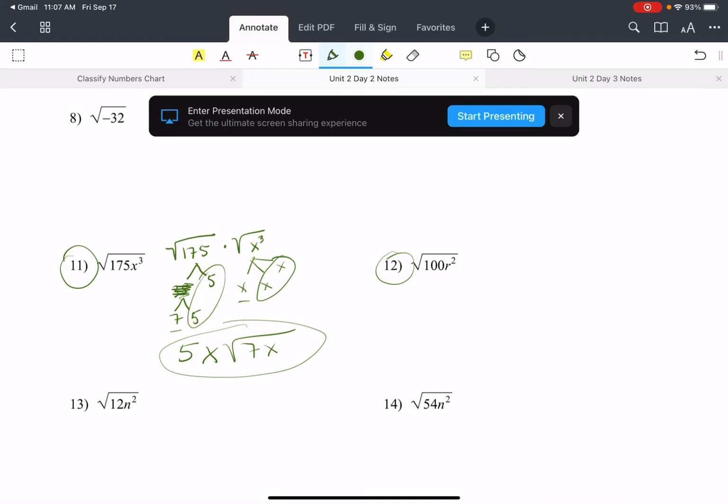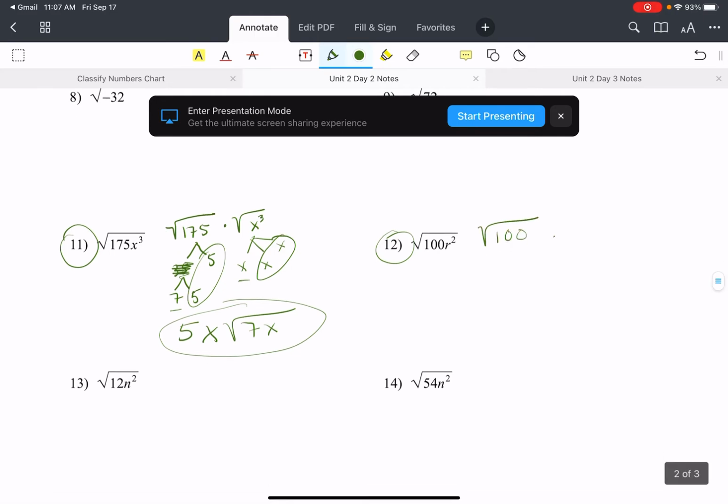Do you want one more? Okay, so let's do 12 together then. So first I split it between its number and its variable. If you realize that the square root of 100 is 10 right away, great, okay?